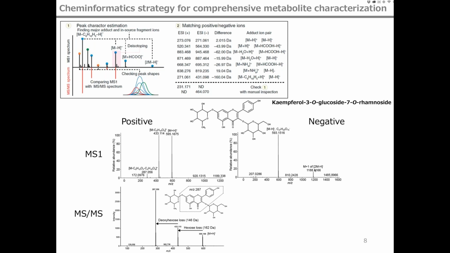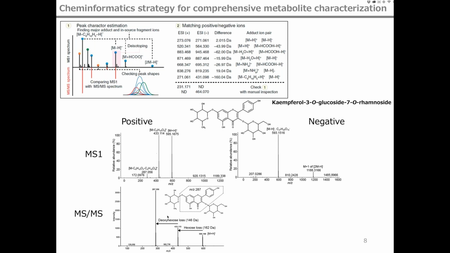Of course, these cluster ions, isotopes and adduct forms can be determined by basic mass spec data processing techniques. But the important thing that I want to mention here is that the in-source fragment ions can also be determined by looking at the MS/MS spectrum of the higher m/z ion, in this case m/z 595.